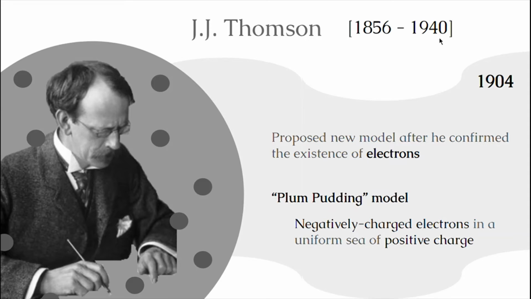And so I mentioned that Mendeleev and the scientists of his time didn't know about electrons. This changes when J.J. Thomson discovers the electron. He lived from 1856 to 1940, and in 1904, he proposes a new model of the atom after he confirms the existence of electrons.